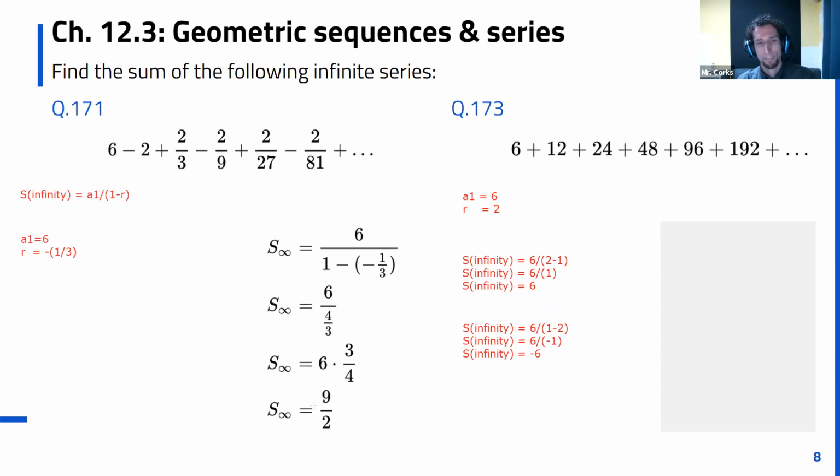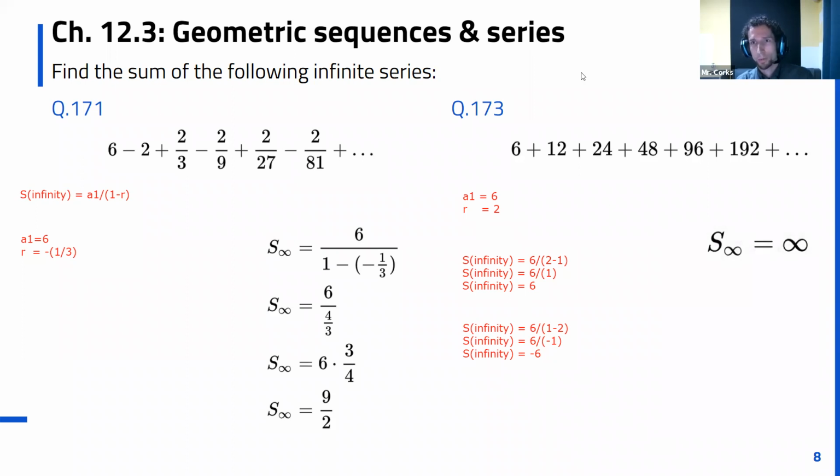Because r is positive, so it's greater than 1. Okay, not the positive part, but greater than 1. Absolute value is greater than 1, so this formula doesn't work. We can't use it. It only makes sense when the absolute value of r is less than 1. So infinite sum here is infinity.